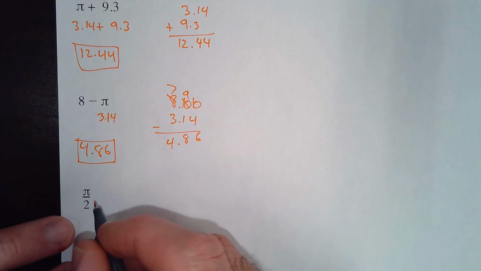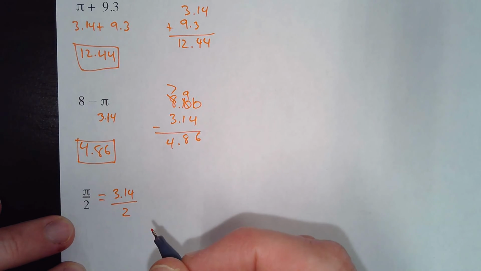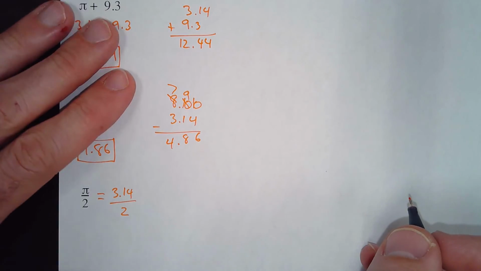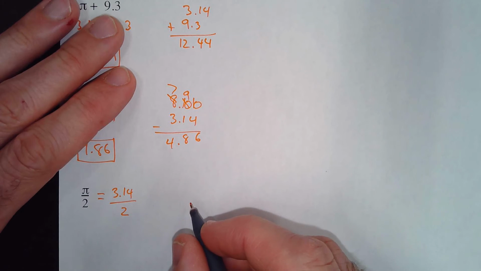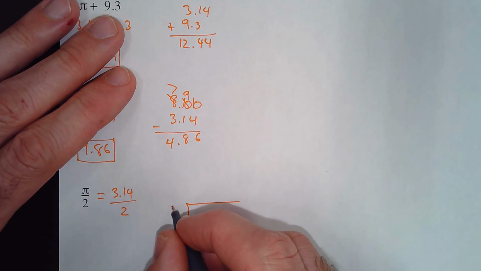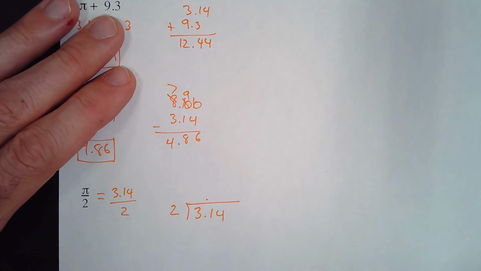And then pi divided by 2 is equal to 3.14 divided by 2. If you watched our last lesson, that was a reminder of how to do division like this, long division. So if we needed to do our long division, the denominator goes on the outside, the decimal is going to go straight up there, and 2 goes into 3 one time.